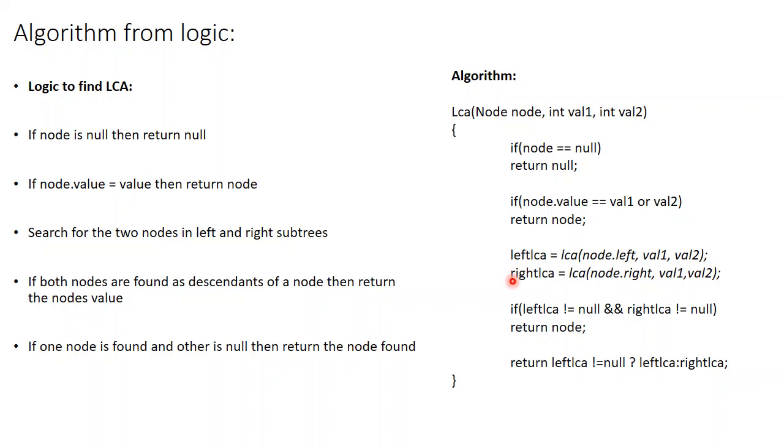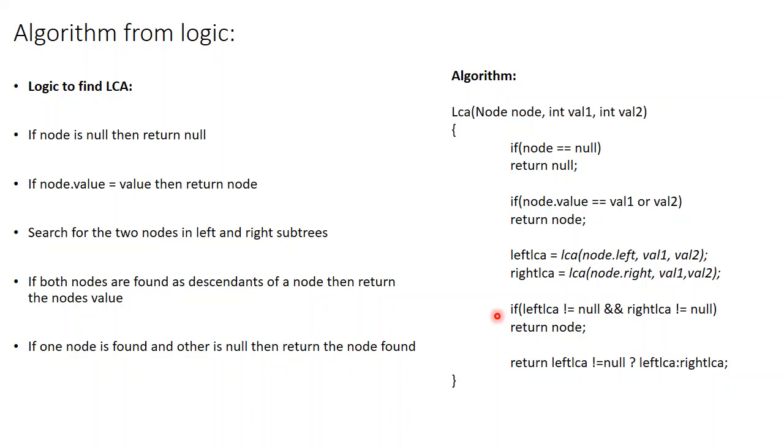You do not return the value of the left and right subtree, you return that node's value, which is getting the value from both sides. Otherwise, if you arrive at a situation where only one side is returning the value, then you return the not null value. So let's say if the left subtree returned the value and the right subtree was null, you return the left LCA.